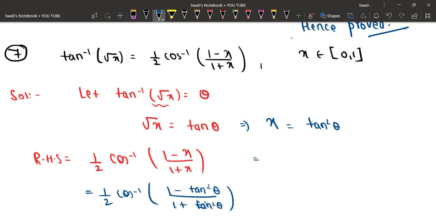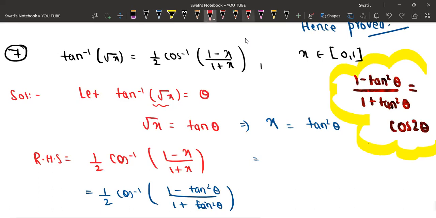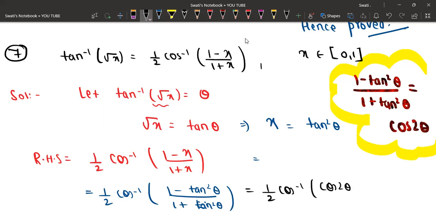Now there is a formula that we know, and that is 1 minus tan square theta upon 1 plus tan square theta. This has a formula cos 2 theta. Okay. So using this formula, clearly this will become half cos inverse cos 2 theta. Now we know that cos inverse cos theta is theta only.